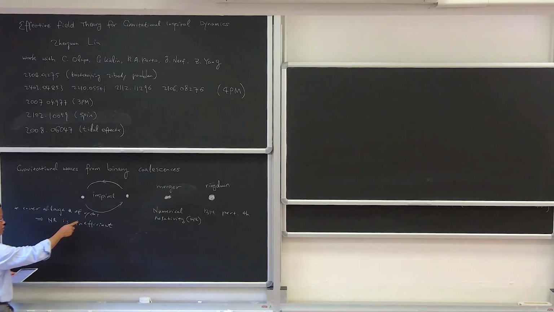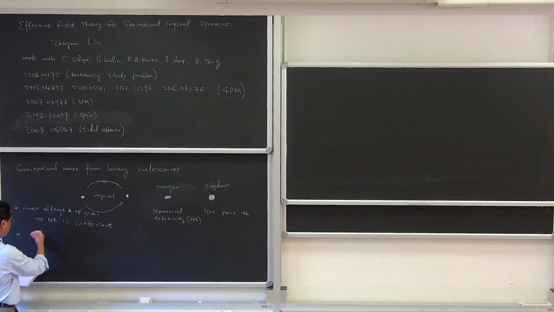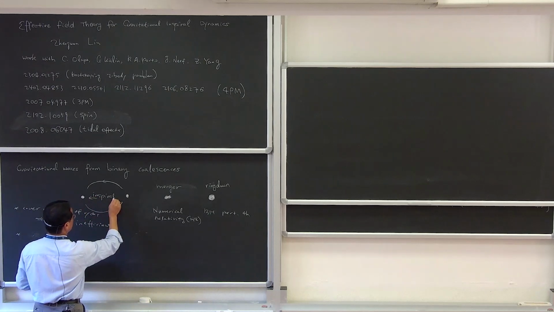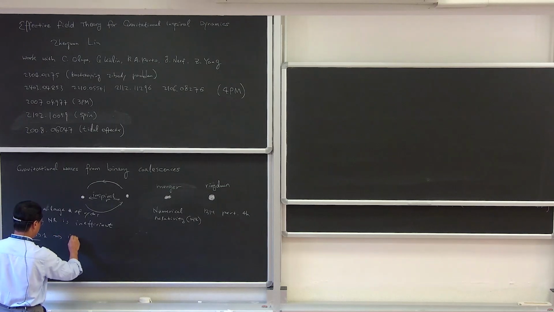But in this phase, in particular in the early phase, the distance between the two bodies, R, is large, so the interaction is weak.